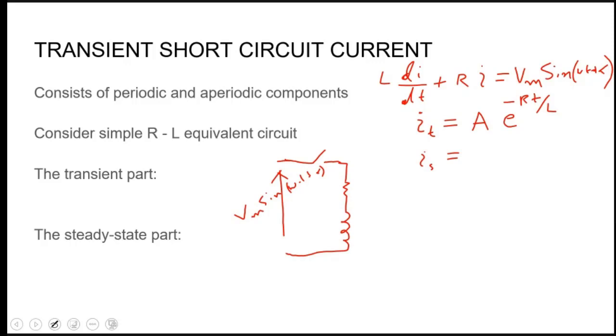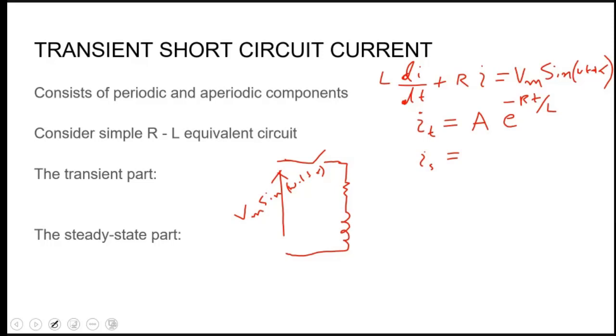You have to apply initial conditions and then find out the nature. Basically, you have to write A e to the power of minus Rt by L. When you substitute the initial and final conditions in the equation, you will automatically get the constants. That's how it is actually.